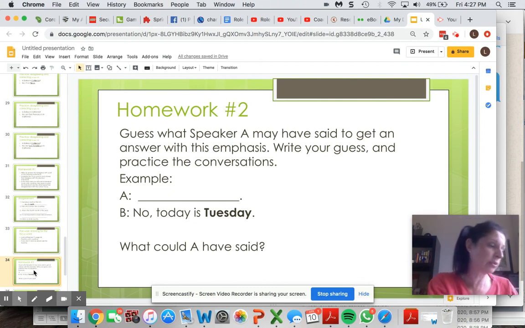Here's homework number 2. This is guessing. So this is some guessing work. You're going to have to do some thinking and some writing. We're going to give you half a dialogue. We'll give you what B said, but not what A said. You have to guess what A said based on the answer and the emphasis that you see.